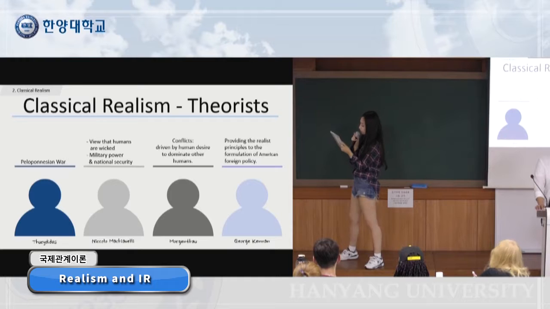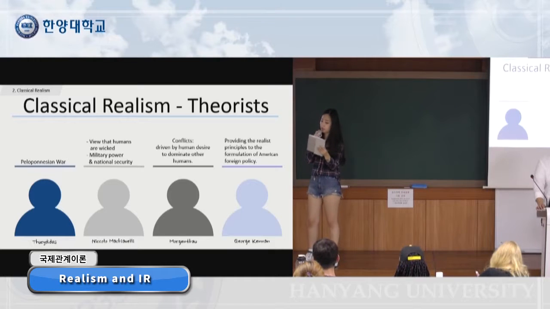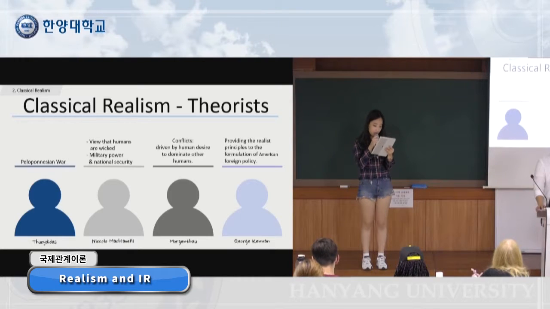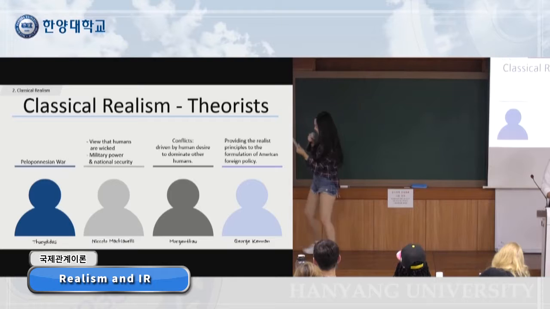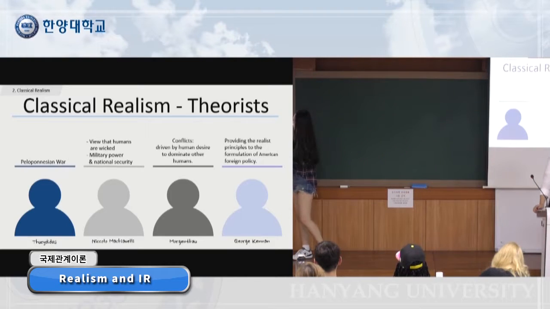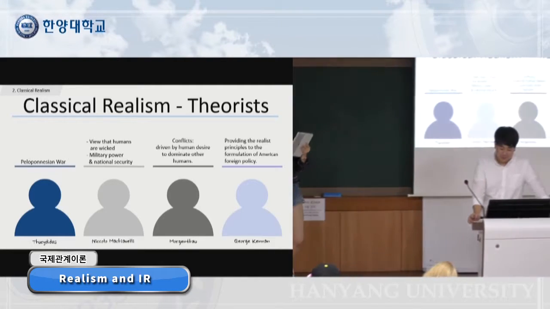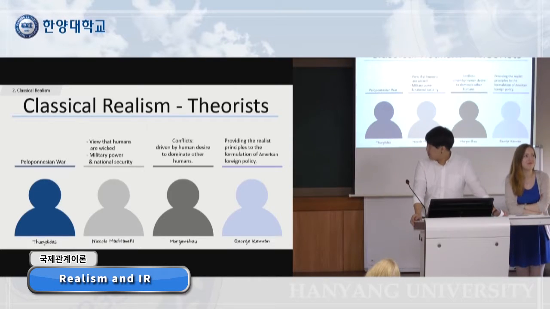Third scholar is Morgenthau. He thought that conflict, including war, unstable situations, and violence was driven not by political and ideological differences as much as by the human desire to dominate other humans.